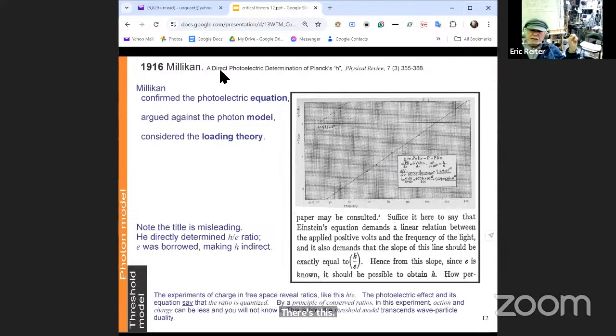In the title, A Direct Photoelectric Determination of Planck's h, well, it's not direct. The equation generates the h to e ratio. That's the message of the experiment, the h to e ratio. So when you borrow a constant like e and put it in, it affects how you're thinking about what goes on. So I'll point out this ratio idea later in my theory. It's an important idea.